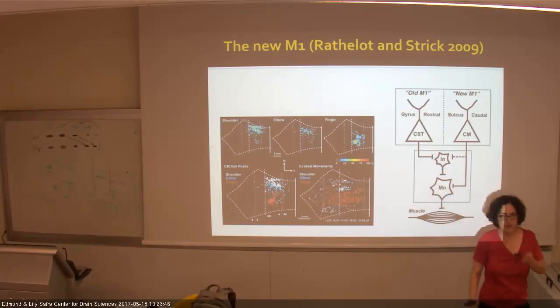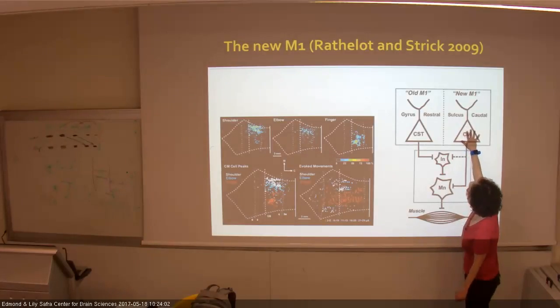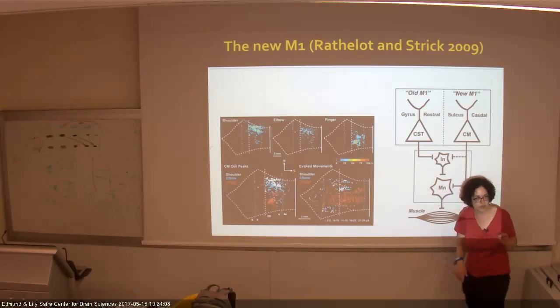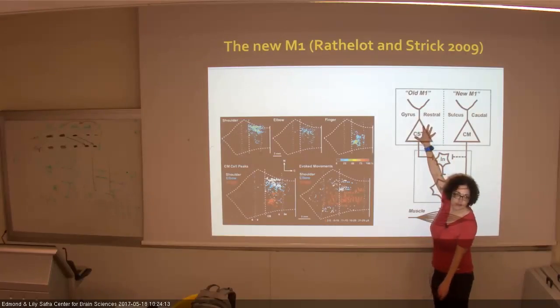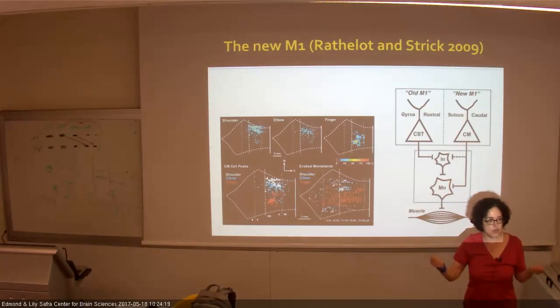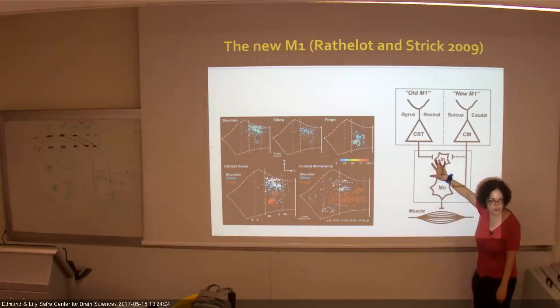And why is it important? It's important for the question of where in the motor system the motor command is being dictated at the level of single muscles. Because if we ignore the new M1 and all the motor cortex is like this and only a small fraction goes directly to motor neurons, it may suggest that the motor command that comes from the motor cortex is mostly a high-level abstract command, and the translation to a muscle-based command will take place downstream.